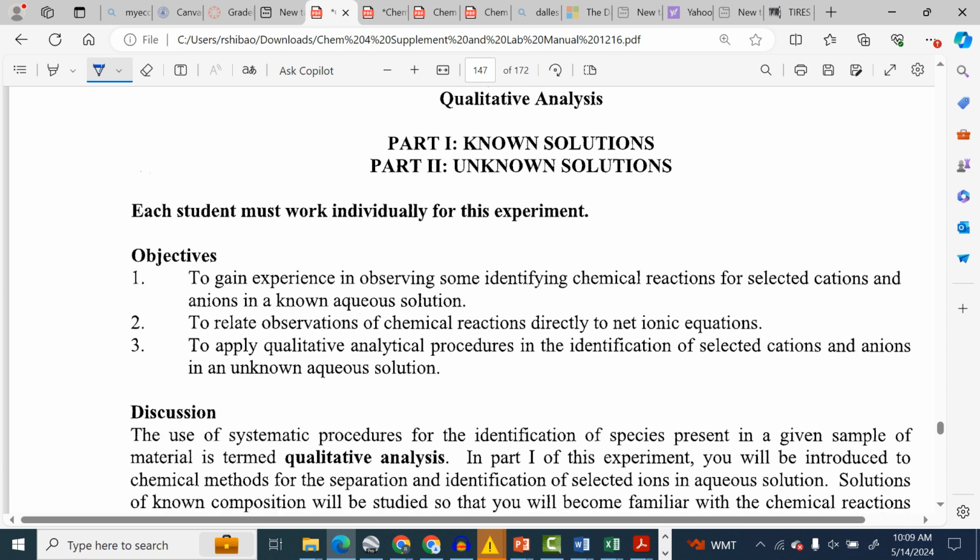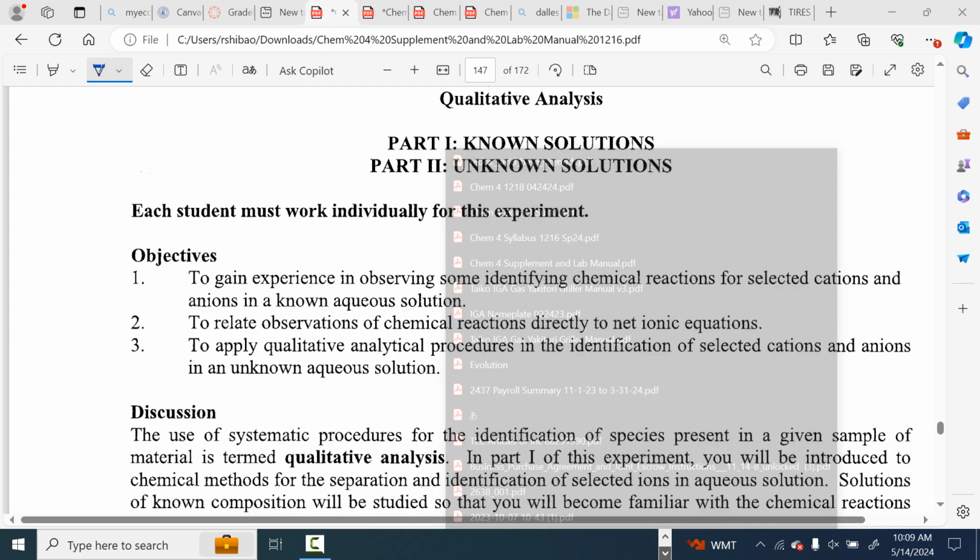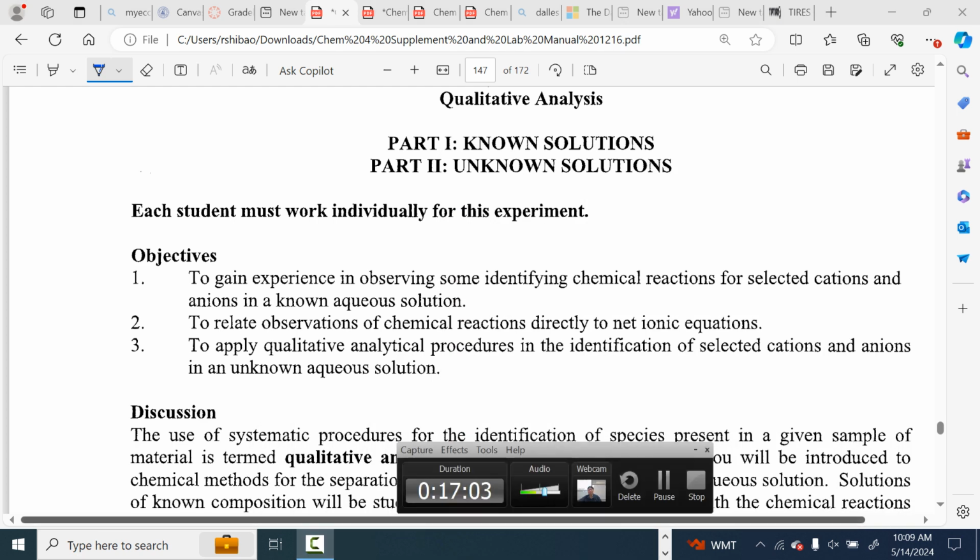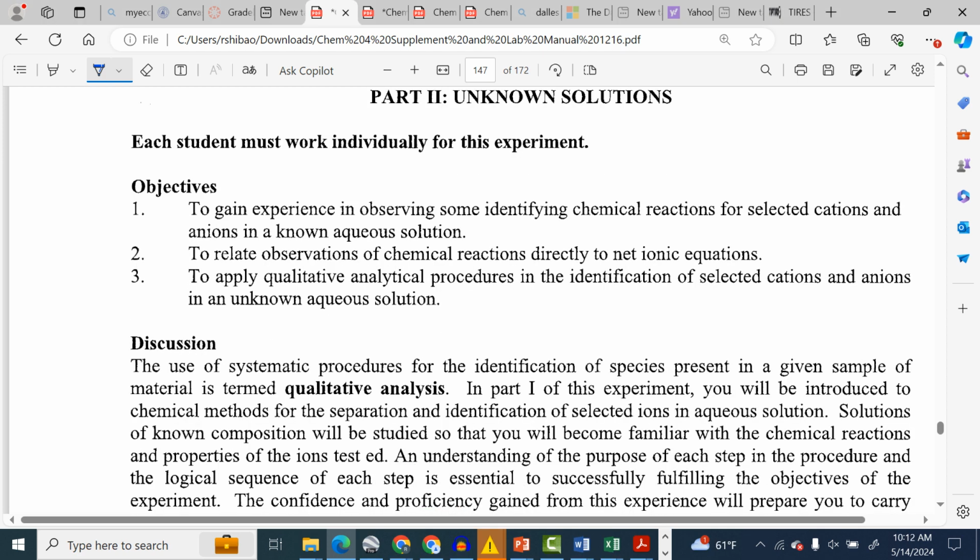All right, why don't you skim through experiment 11? Have you skimmed through it already? No? Normally, for example at UCLA, not only do you have to skim through it, you have to really understand it because they give you a pre-lab quiz right at the beginning. So what is qualitative analysis?